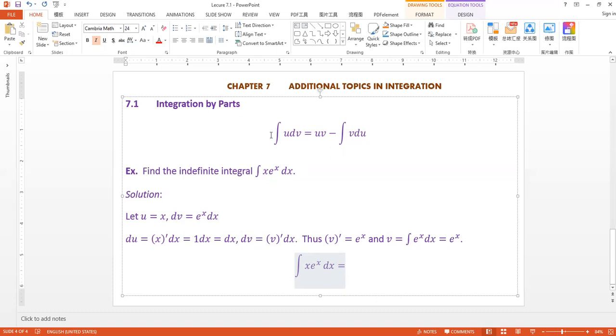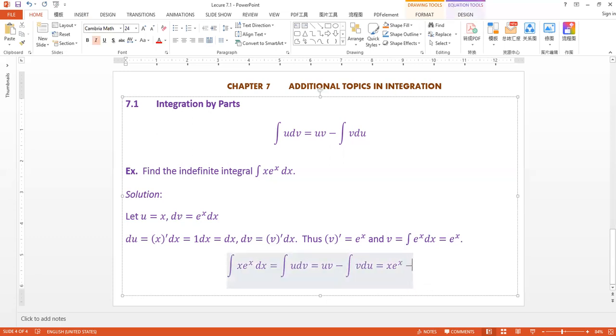According to the formula for integrating by parts, that's equal to uv minus the integral of v du. So now we just plug in everything and figure out the answer. u is just x and v is e to the x.